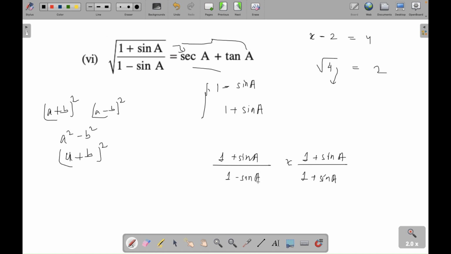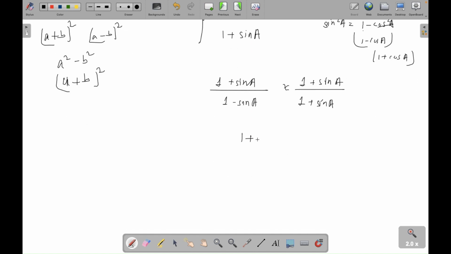This will become 1 minus sine square A. Whenever you see 1 minus sine A, 1 minus cos A, this thing should strike your mind: sine square A is equal to 1 minus cos square A, and this you can always write in the form of a minus b, a plus b. Whenever you see terms like 1 minus sine A, 1 minus cos A, or 1 plus cos A, this identity should come to your mind. So the numerator becomes 1 plus sine A whole square.